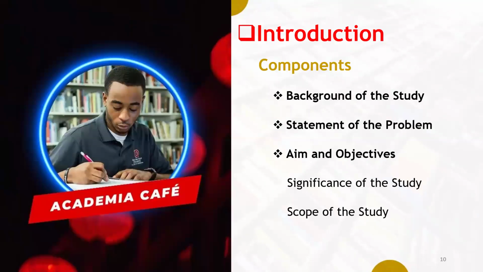So, when writing the introduction chapter of your research proposal, you need to start by providing compelling background information about your research. Provide a broad view of the research topic and the context you are looking at. Here's what I mean.